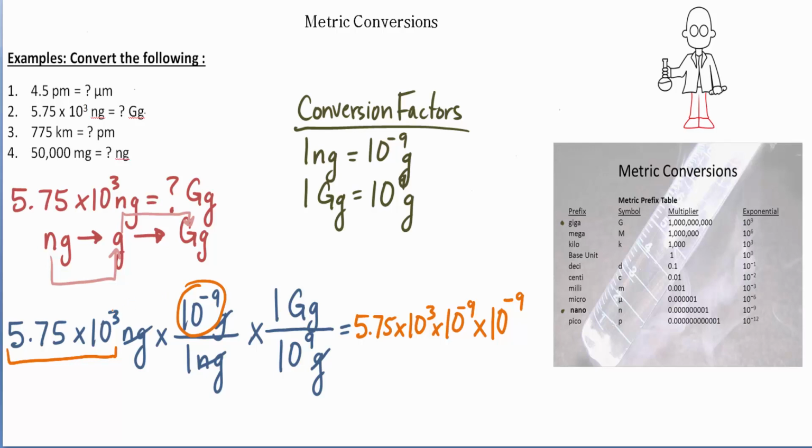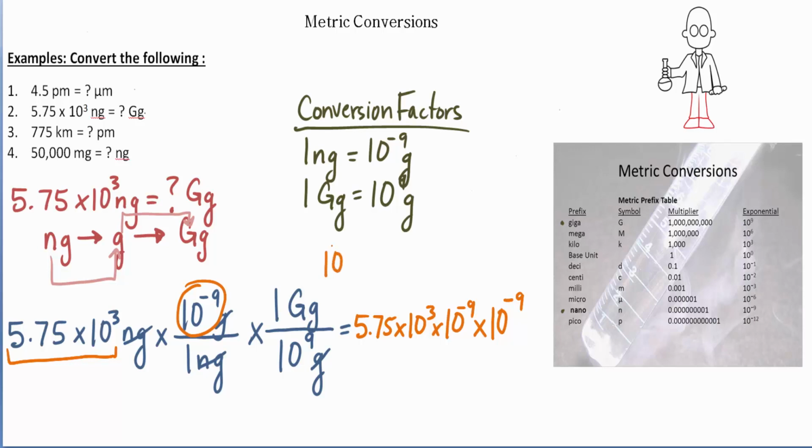Adding a 3 plus a minus 9 and subtracting a minus 9 would give me the same thing.